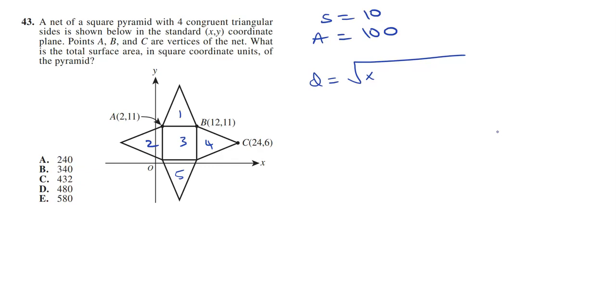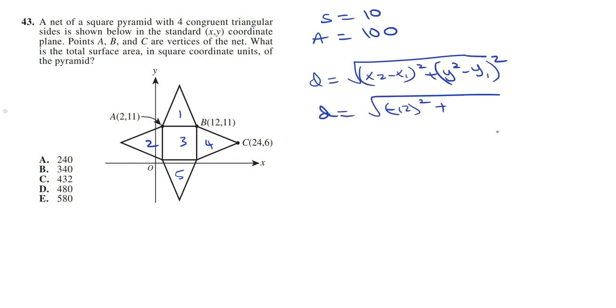So d here is going to be the square root of 12 minus 24, that's negative 12 squared, plus 11 minus 6, 5 squared. So d here is going to be the square root of 144 plus 25, which is the square root of 169, and that is 13.